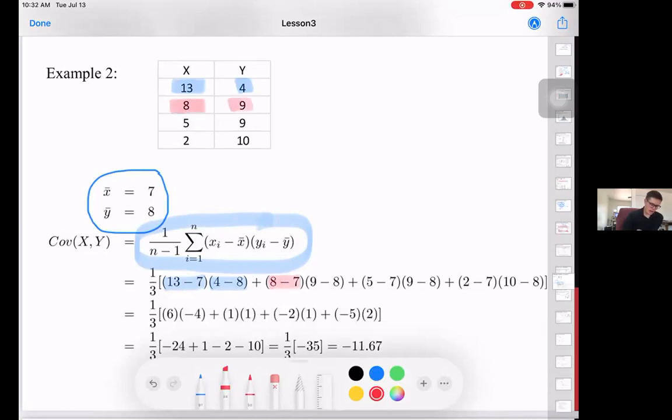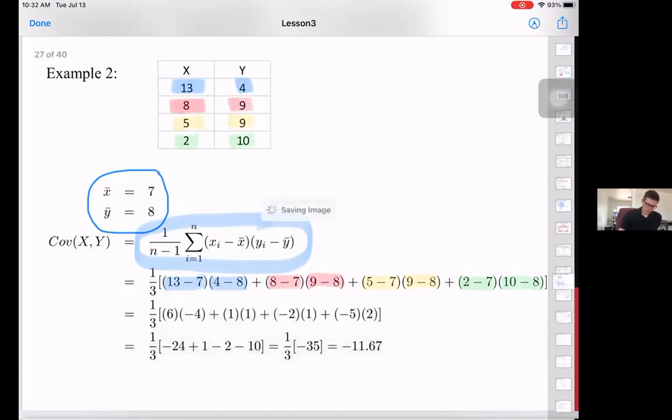How far is 9 from its mean? And we're going to go to the third observation. How far is 5 from its mean, times how far is 9 from its mean? And then finally, the last observation, how far is 2 from its mean? 2 minus 7, times how far is the Y from its mean? 10 minus 8. So we're going to multiply all those together.